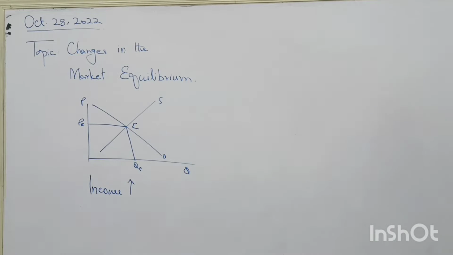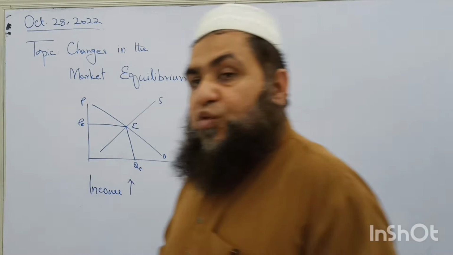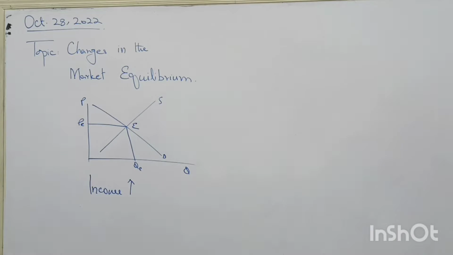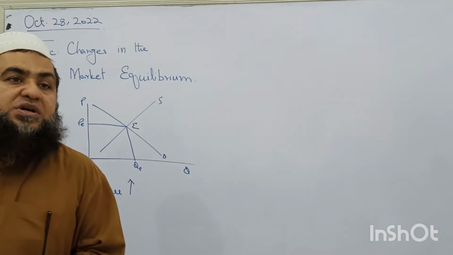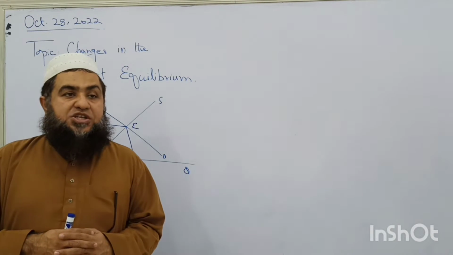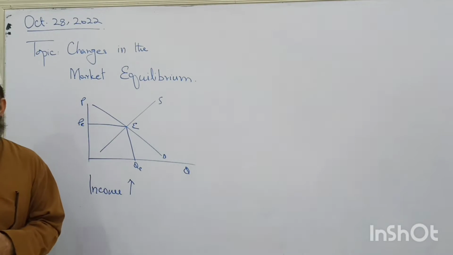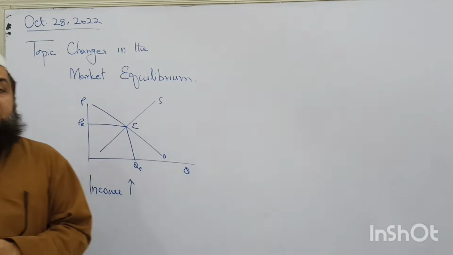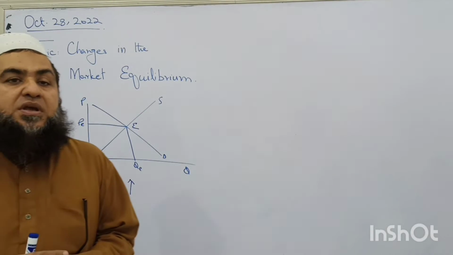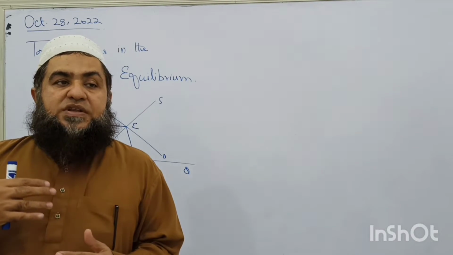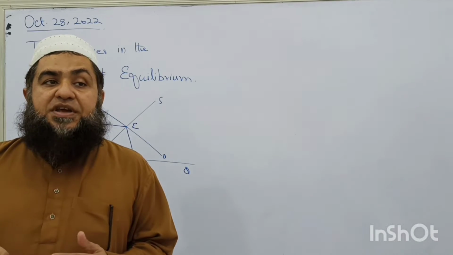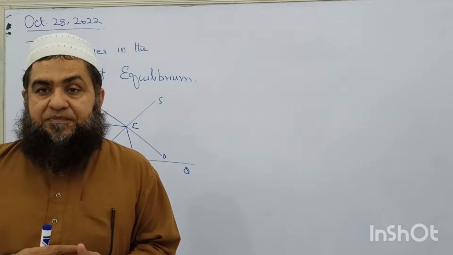So demand of normal goods will shift rightward because the consumer's affordability to buy at each price has increased. We studied this separately in our topic of demand, that whenever there is an increase in income, the demand of normal goods will shift rightward or demand of inferior goods will shift downward.